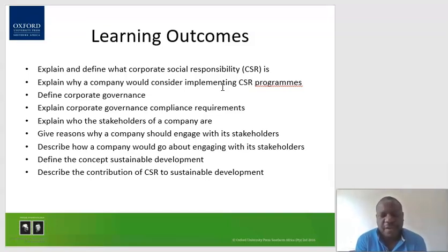You should also be in a position to define the concept of sustainable development. What is sustainable development? Some speak of the triple bottom line, some speak of the 3 Ps, some speak of the issue of using resources wisely so that we will not deplete them.